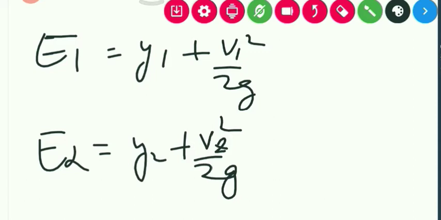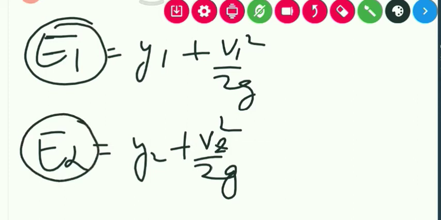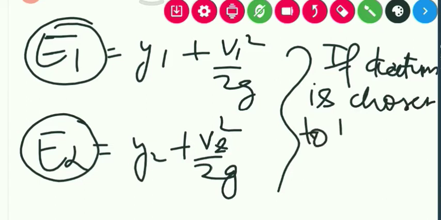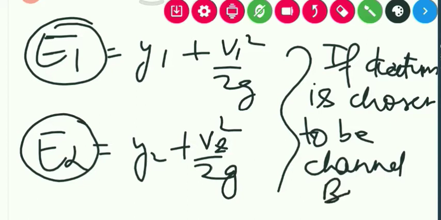So what is E1? E1 is the total energy at section 1 if the datum, which is a reference line from which the energy values are taken, is chosen to be the channel bed.